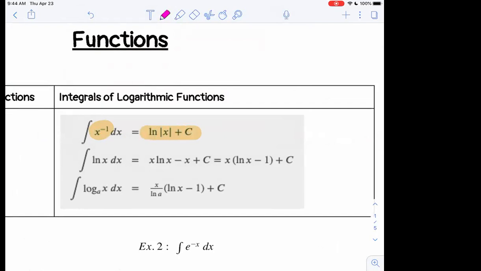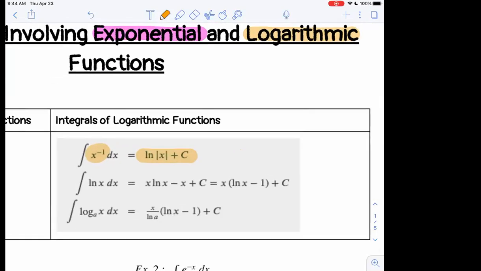I would suggest that you write not just that it's the integral of x to the -1, but that it could look like this, 1 over x dx, or that it could look like dx over x. All right, so just to be aware that it could look like some of these other forms and that it's important to be able to recognize those because we can't use the power rule for this particular situation.